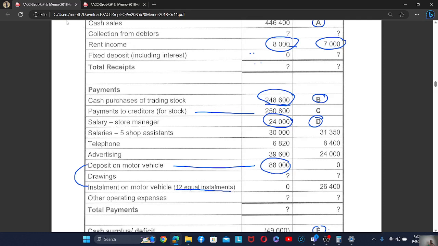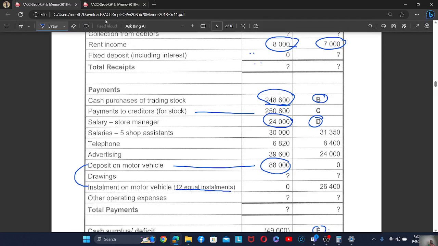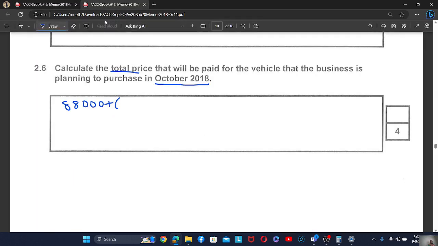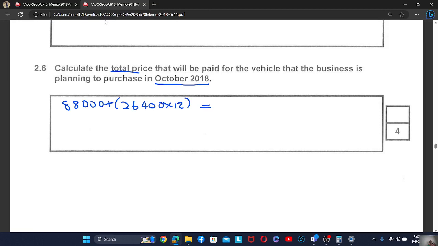Okay. So 12 times. This means that we are going to pay this 26,400, 12 times. So then this is the amount that will be paid for the vehicle: 316,800, plus the 88,000.